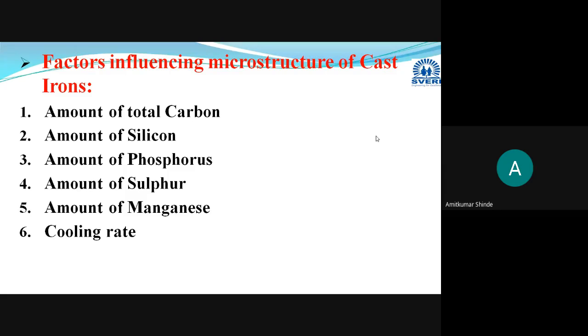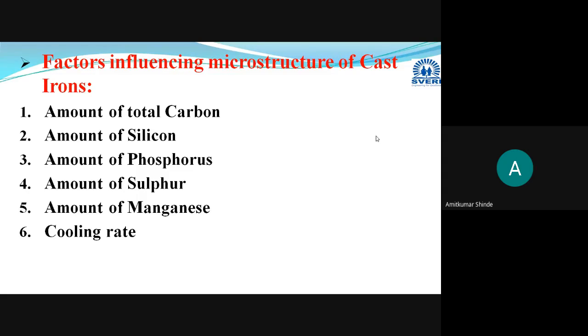Now, there are six main parameters which will change the microstructure. If you change these parameters, that microstructure will get affected, and as the type is decided only depending on the microstructure, the type will automatically change.